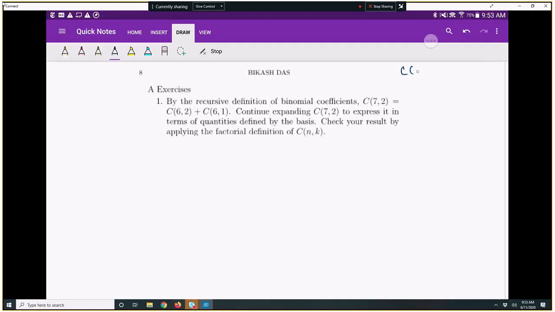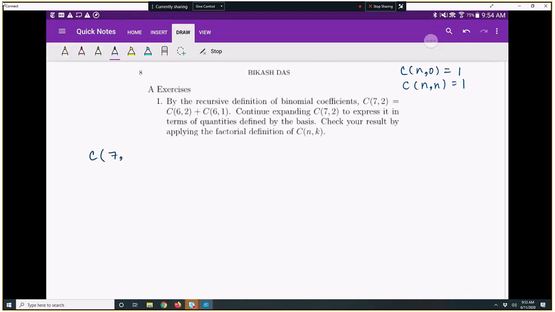That was that n choose 0 is 1 and n choose n is 1. So anything of the form a number choose 0 or a number choose itself, that's where we can stop and replace it by 1. Otherwise, we keep applying this recursive definition. Then finally, we'll check our result by applying the factorial definition.